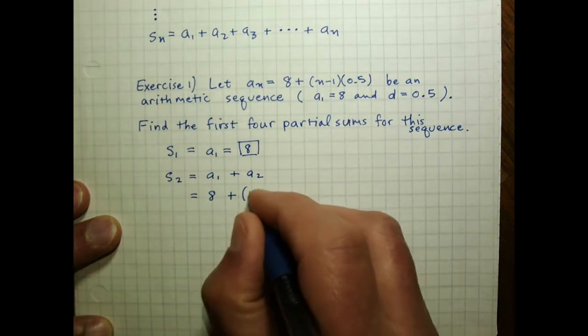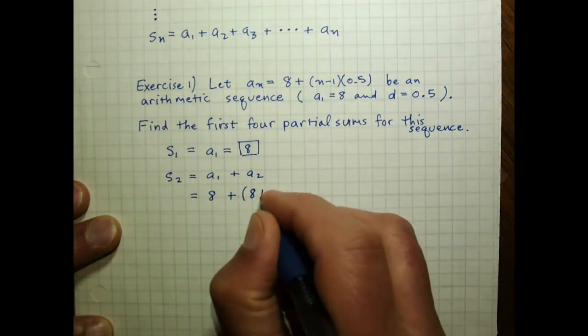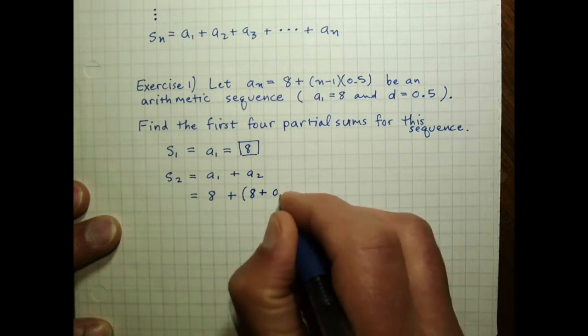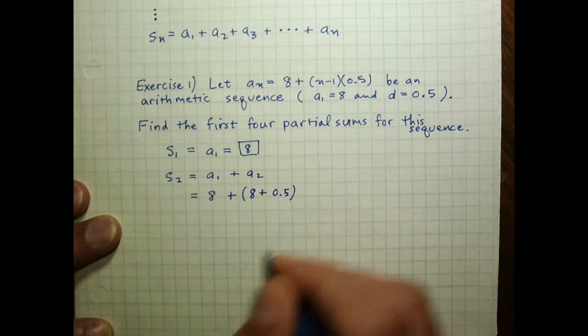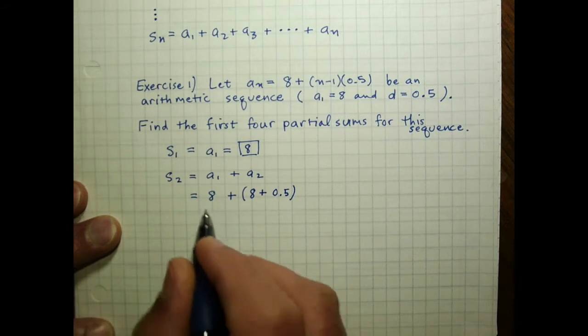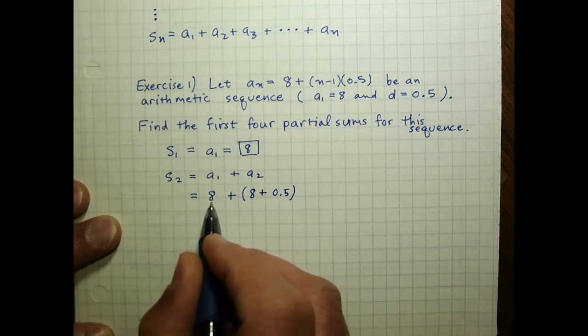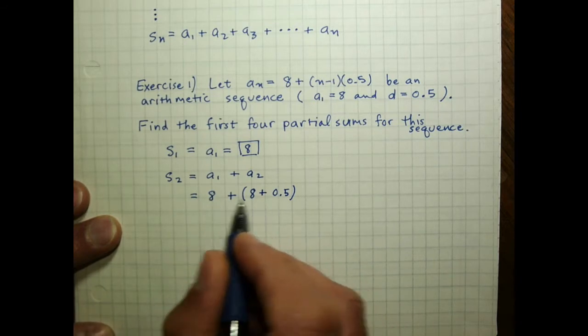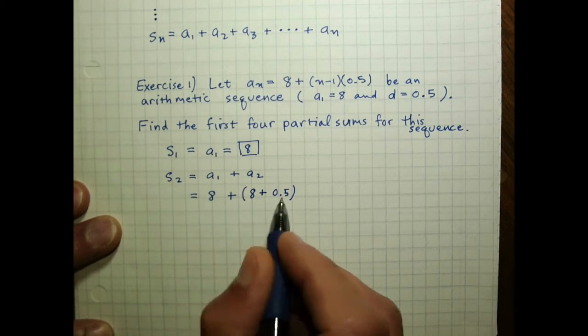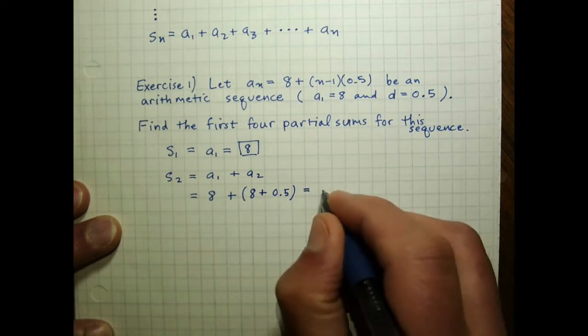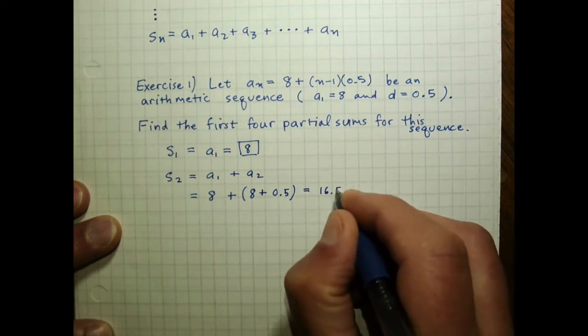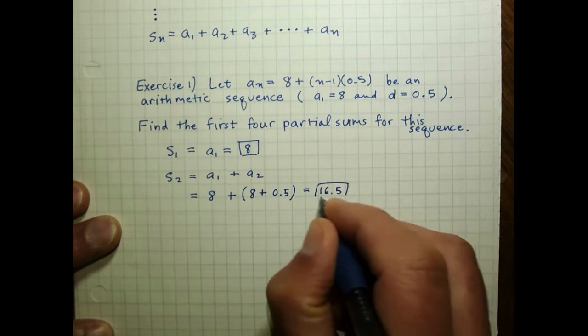So it's going to be 8 plus 1 copy of that 0.5. And so when I add all this up, A1 plus A2, I got 8 plus 8 plus 0.5. So that's 16.5. That's my second partial sum.